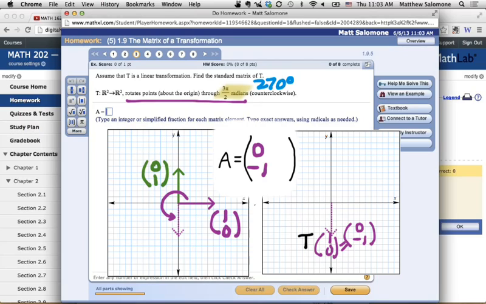This, by the way, already indicates to us that the same linear transformation can have different matrices associated with it if we make different choices. And one of the choices we make when we produce a standard matrix is we choose the first column of the standard matrix to be the image of 1, 0, and the second column to be the image of 0, 1. So we're already being a little bit arbitrary about this, that we want to look at the image of the purple vector here first and then the green vector second.